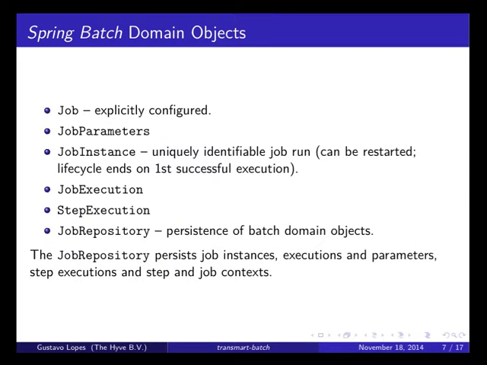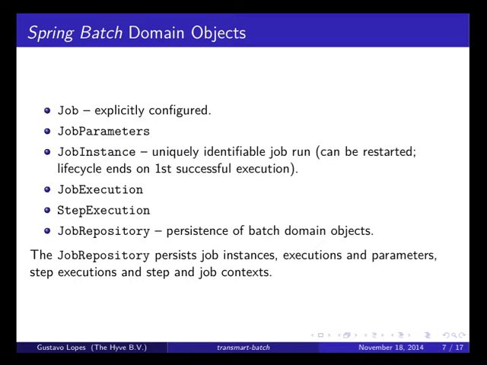These are some Spring Batch domain objects, just to tell you how a Spring Batch job is structured. Jobs and steps are both explicitly configured. The developer configures these objects directly.